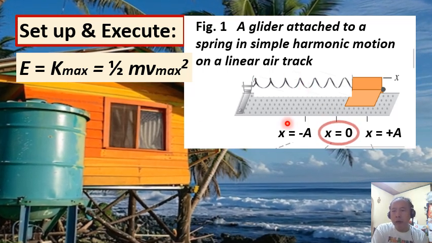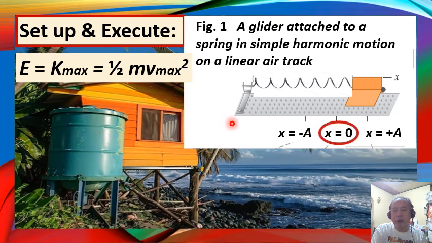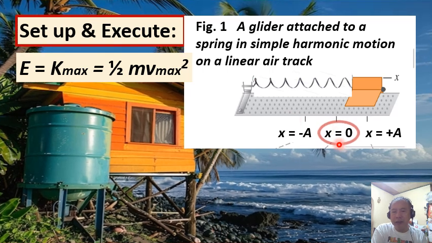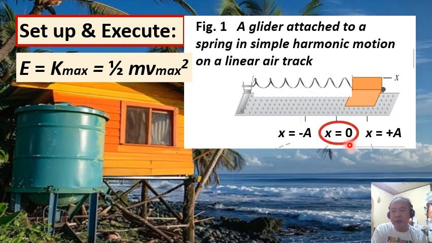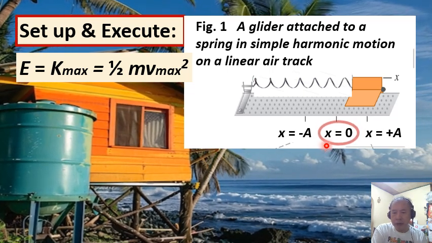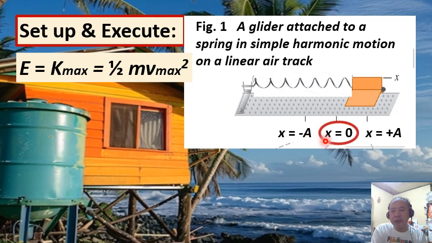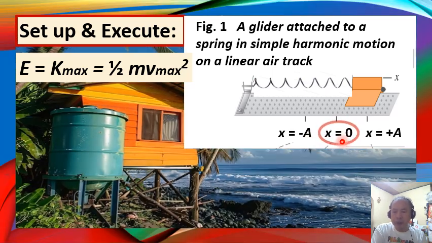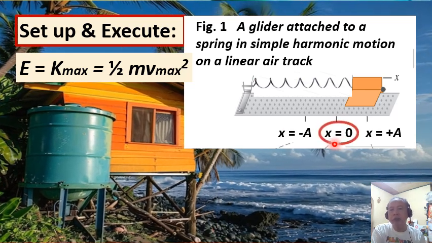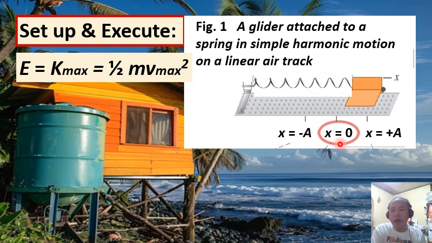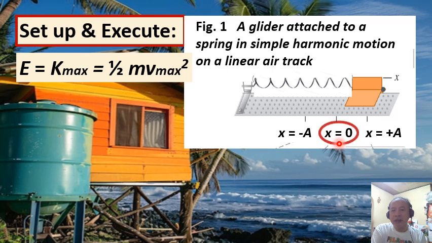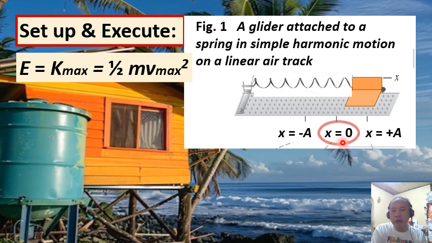But we know, based on the concept of simple harmonic motion, that when the body is at the equilibrium position, or x equals 0, the oscillating body acquires its maximum speed or velocity. And at that equilibrium position, the net force acting on the body is also equal to 0.